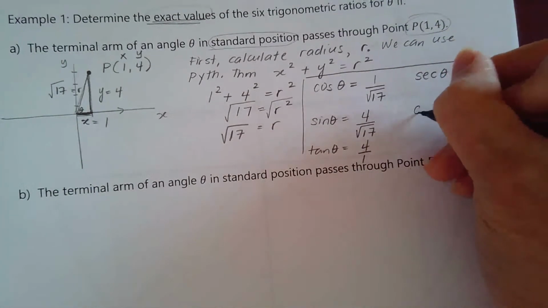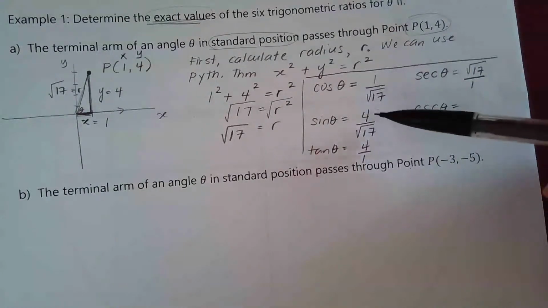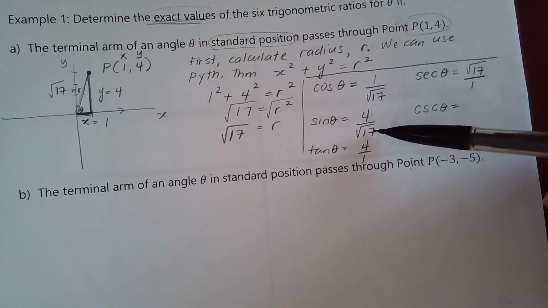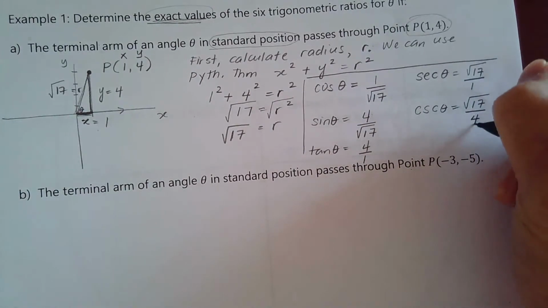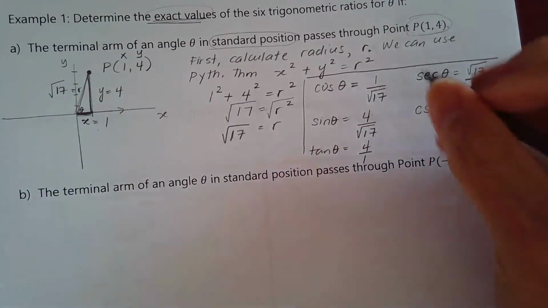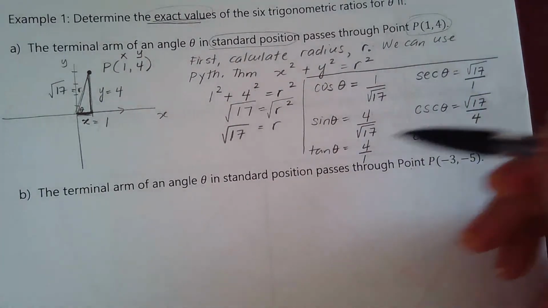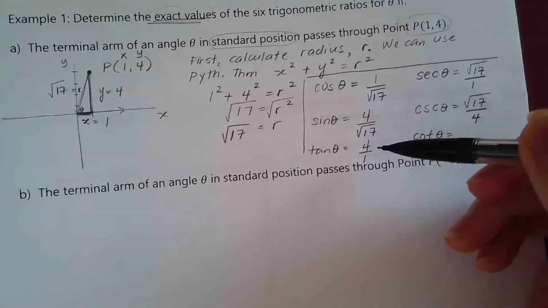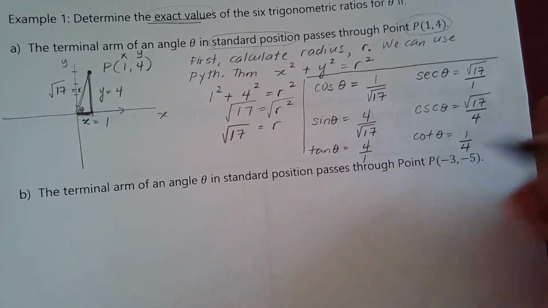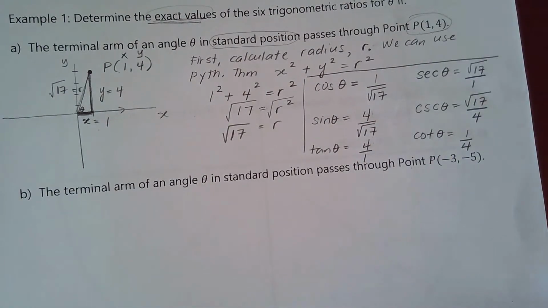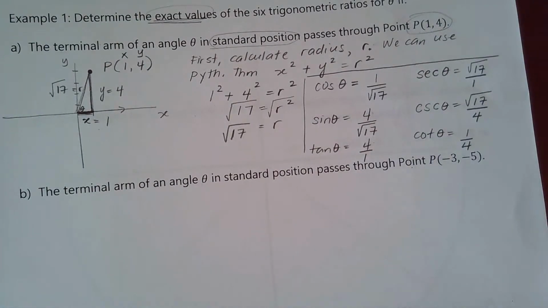And then cosecant theta is the reciprocal of sine theta, so root of 17 over 4. And finally, cotangent theta is the reciprocal of tangent. So if the tangent is 4 over 1, cotangent is going to be 1 over 4. Okay, so that's the first example.